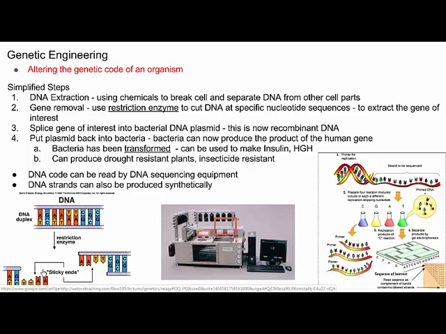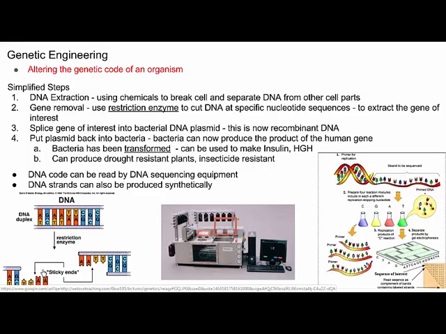And so if you grow that bacteria in a culture, not only will it produce its own proteins from its own DNA, but its own protein synthesis structures are going to also make the human protein as well, okay? Because it has that gene.